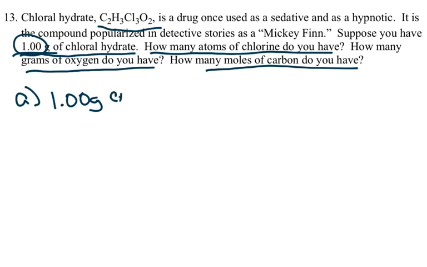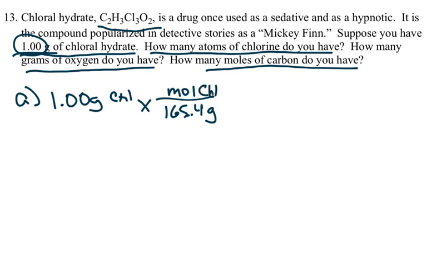So let's call it chlorohydrate. Let's just go, that's good enough. Okay. Now, we get to moles. It's 165.4. We're in moles of that stuff. Okay, so now we want atoms of chlorine.